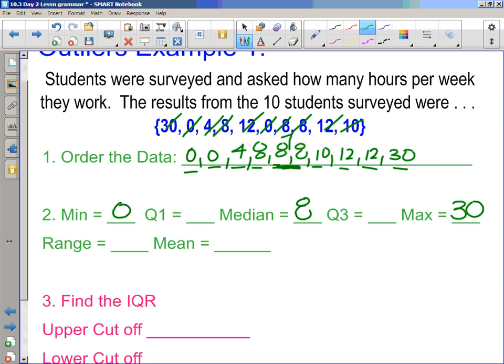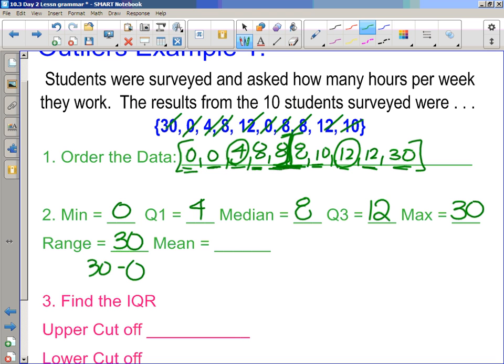So I separate my data right at those 8s. Q1 is the median of the lower half. My Q1 is 4, and my Q3, excuse me, is 12. The range of this data is 30, my max, subtract my min, 0, is 30.